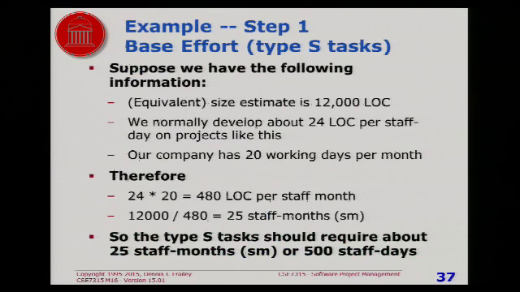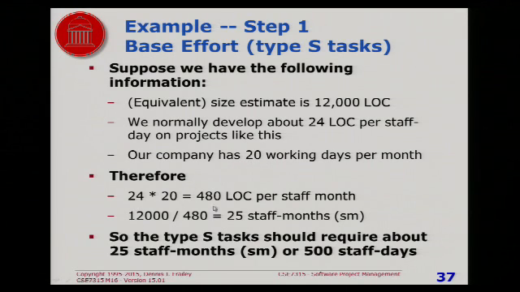Okay. Now, let me give you an example of going through this process. Suppose we have a size estimate of 12,000 lines of code, and on average for a project like ours, it's 24 lines of code per staff day. And just to make the calculation simple, I assume instead of 19, we work 20 days a month, okay?